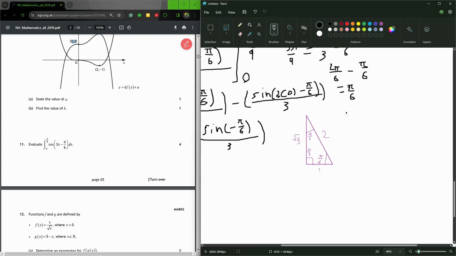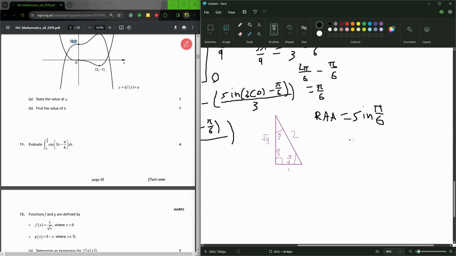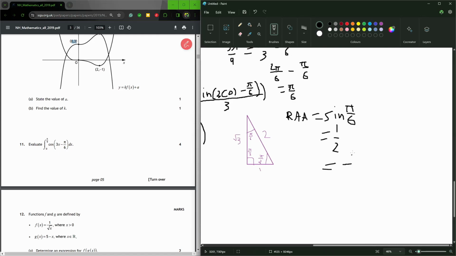What we do here is we'll figure out the relative acute angle because we can't do that currently. And that would equal sine of pi over 6. Cool. We already know that. That would be equal to minus 1/2.